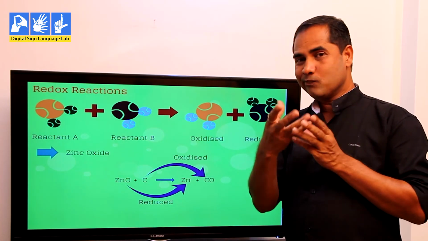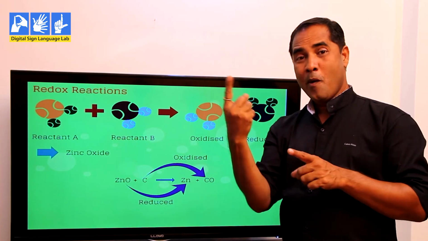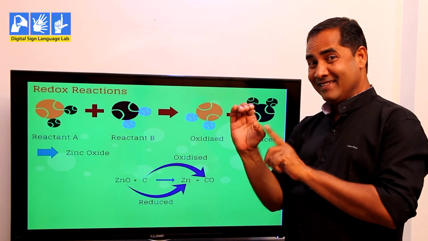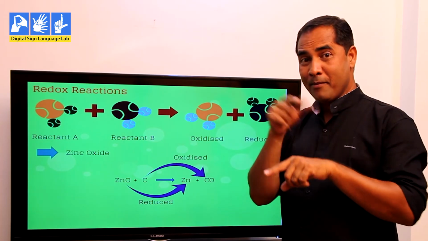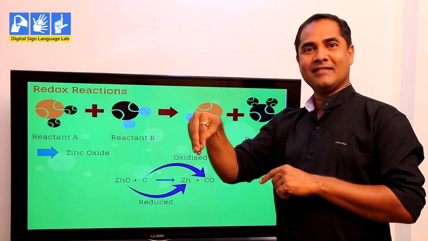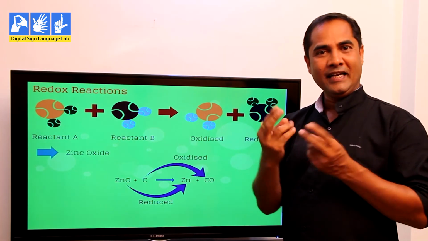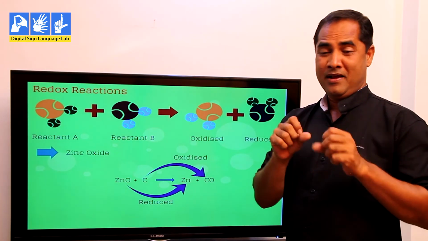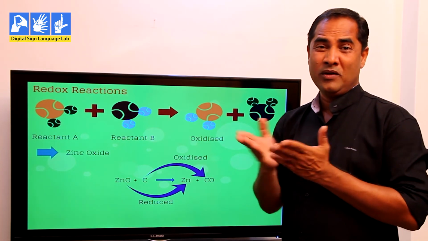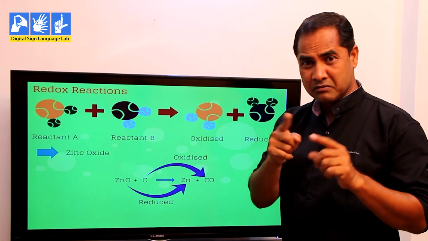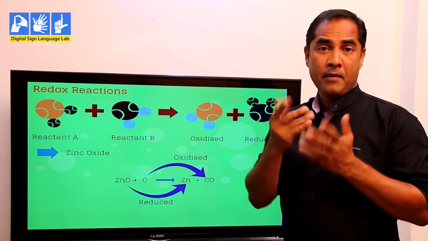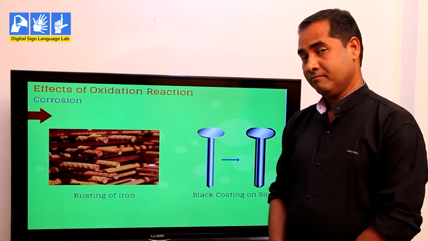The zinc is reduced, that is, the oxygen is removed, and the carbon, which was only C, now gets oxidized. So the oxygen is removed from zinc and added to the carbon. As you can see, there are so many different kinds of reactions. Maybe you can learn more, discuss, and get more experience and understand more about the topic.